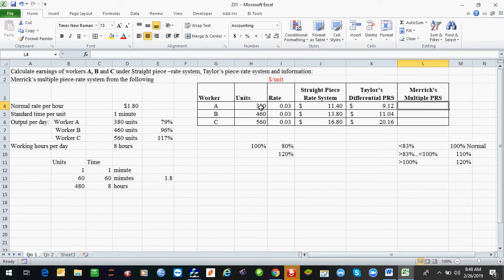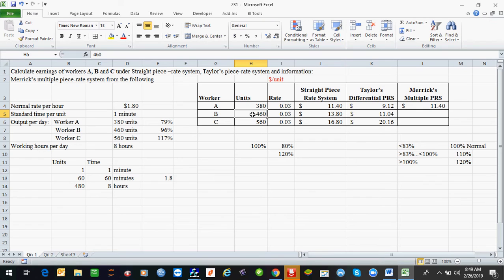Therefore, we now want to do the calculations. Worker A produced 380 units and the rate is 3 cents per unit. The rate we use is normal because it produced less than 83%. So 380 units times 3 cents per unit, so A is going to get $11.40.